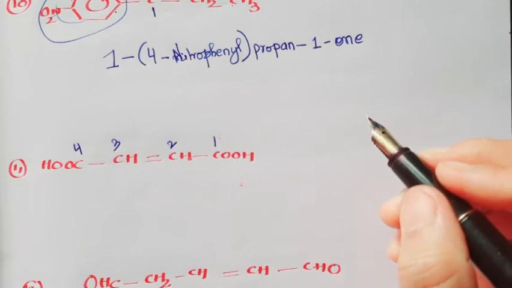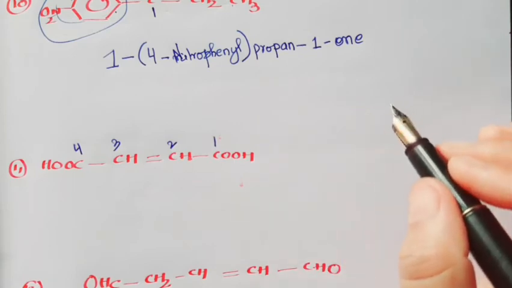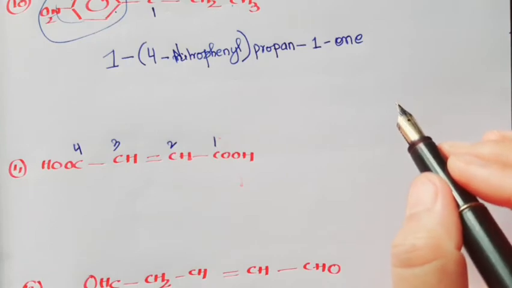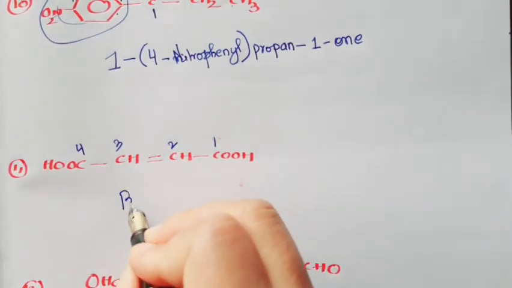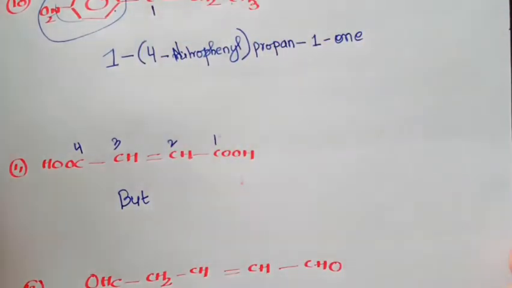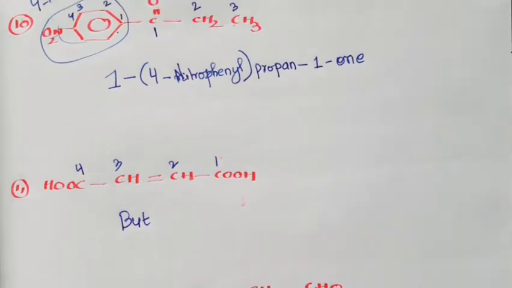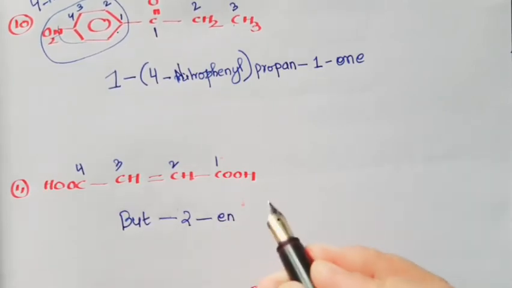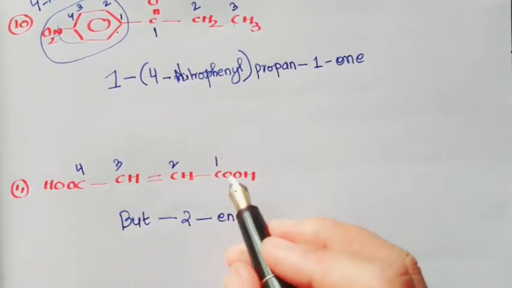Now how to name this compound? There is no substituent, so directly we have to start with the word root. How many carbons are there in the chain? Four, so but. Now the nature of the carbon-carbon bond: then double bond. What is its position? 2, so 2-en. Now we need to check whether E will drop or not.